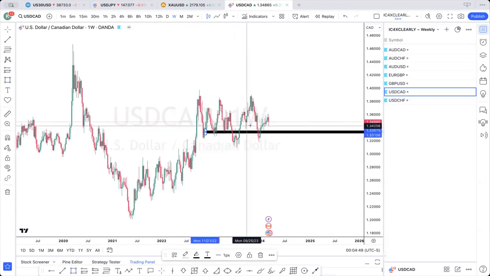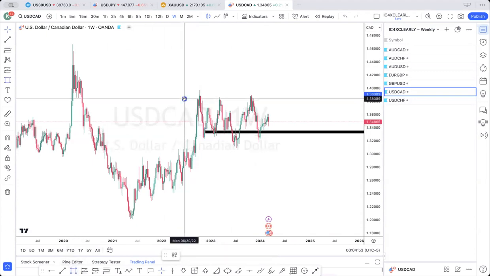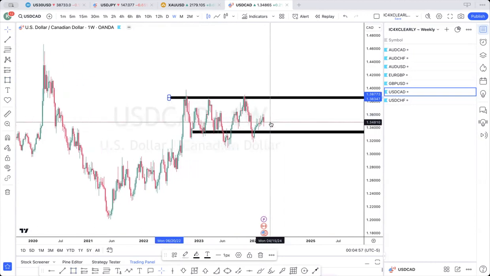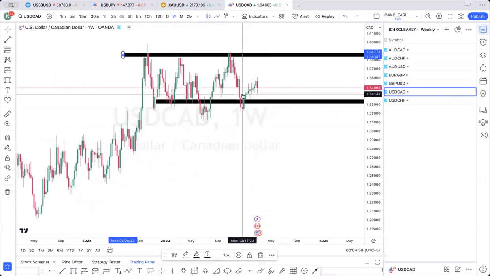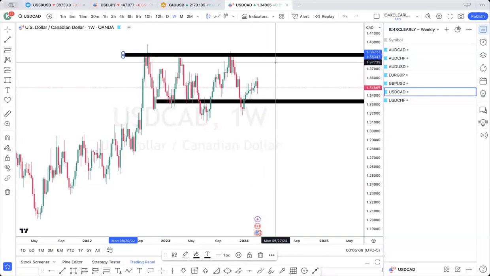Okay, and we have a key level here, and then we have a key level here. Okay, so although I don't see it on the weekly, it did break this candle here, but now we're in the order block. So price could pull back to the zone and continue buying up.